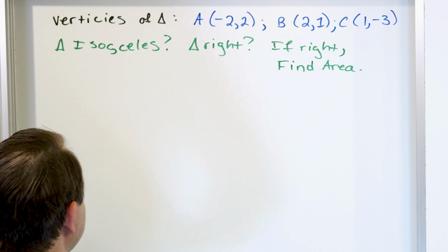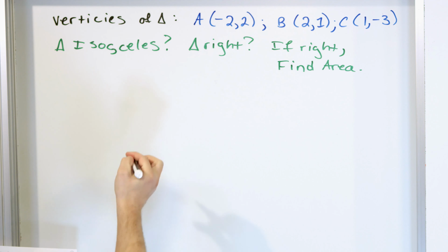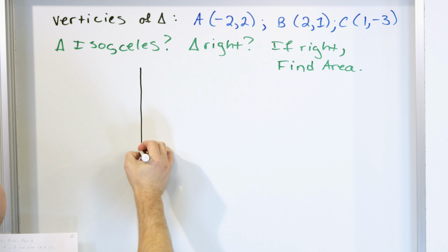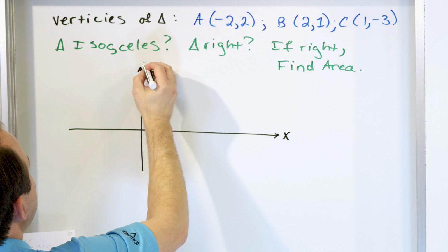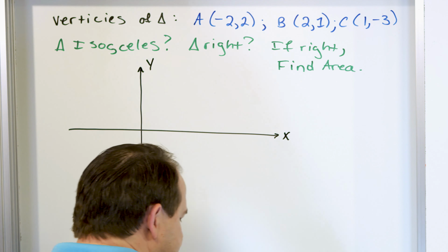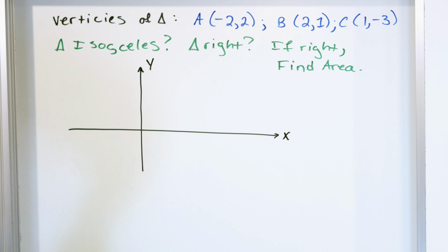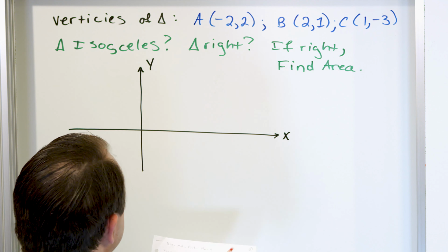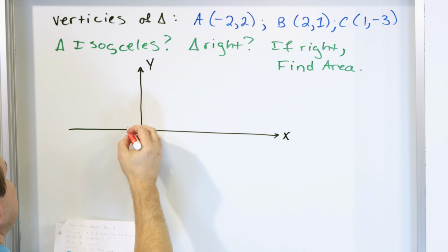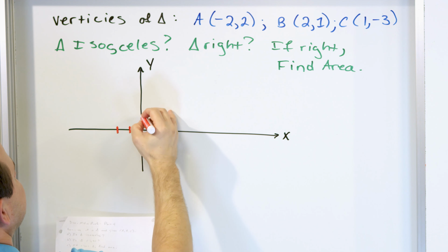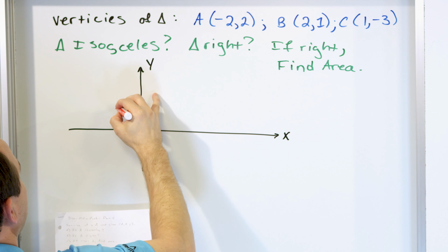Now, it doesn't tell you to do this, but it's always a good idea to make a little sketch whenever you start embarking on a challenging problem like this, because if you don't, you're just going to end up getting confused. So point A is located at -2 for x and 2 for y. So that's a point right here.